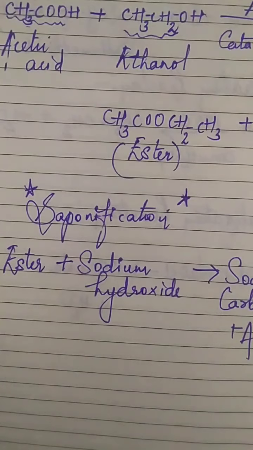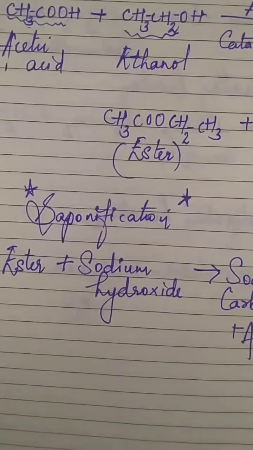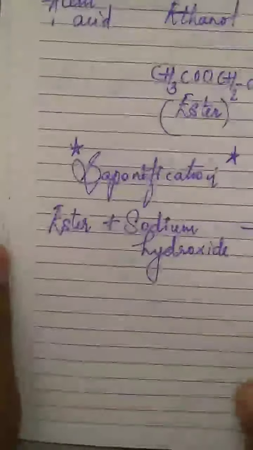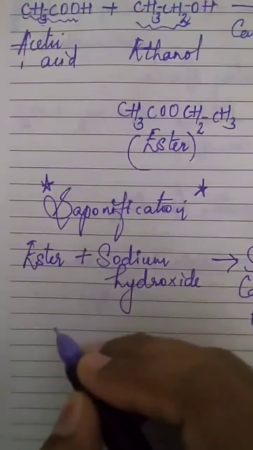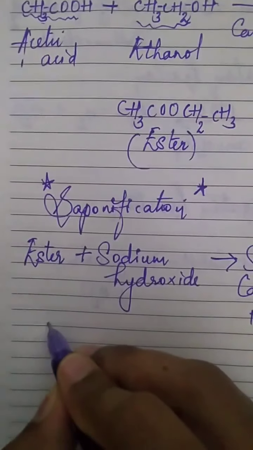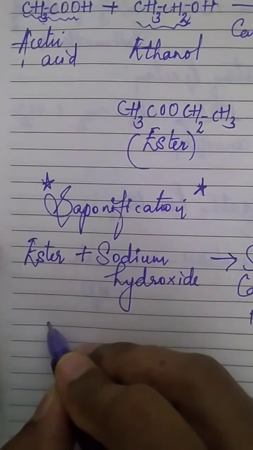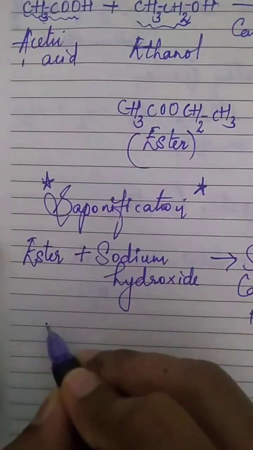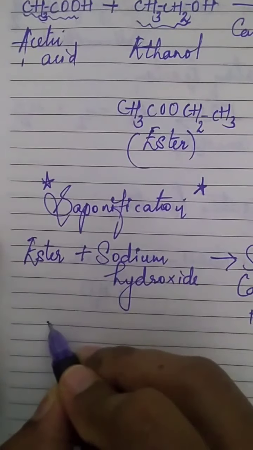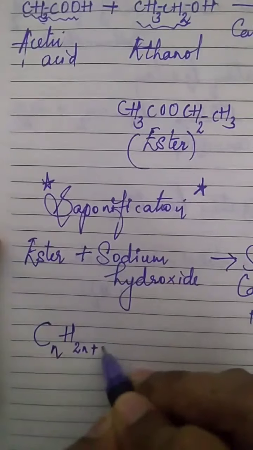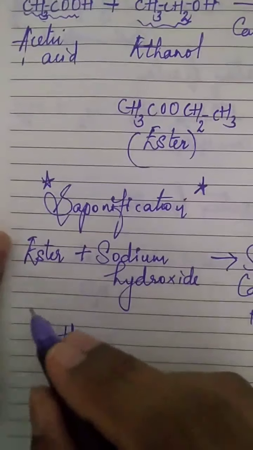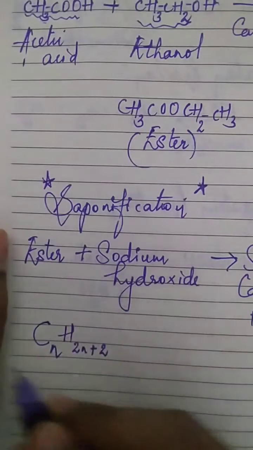I hope you all understood all the terms which are related to carbon and carbon compounds. One small thing which I think I missed out is that you can predict the formula, that is the number of hydrogen. If you have the formula for alkane, the formula is CnH2n+2. That is, for alkane, you will use this formula.